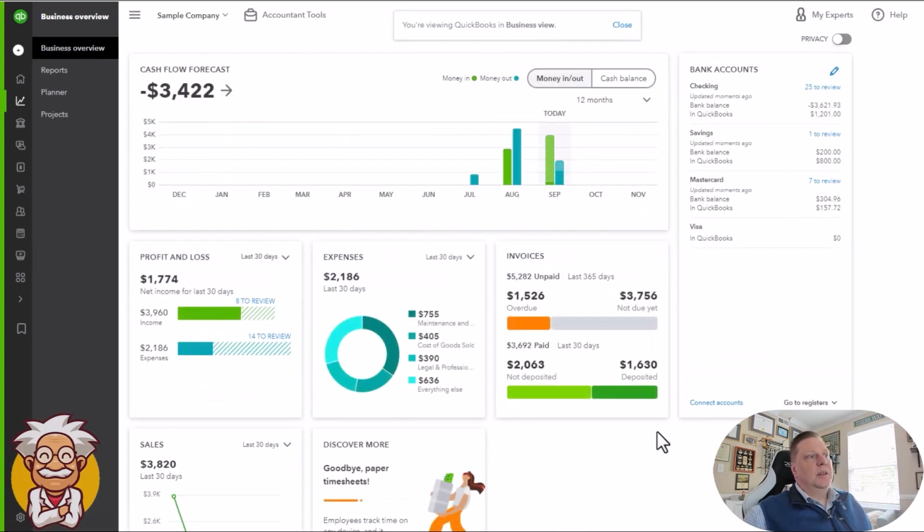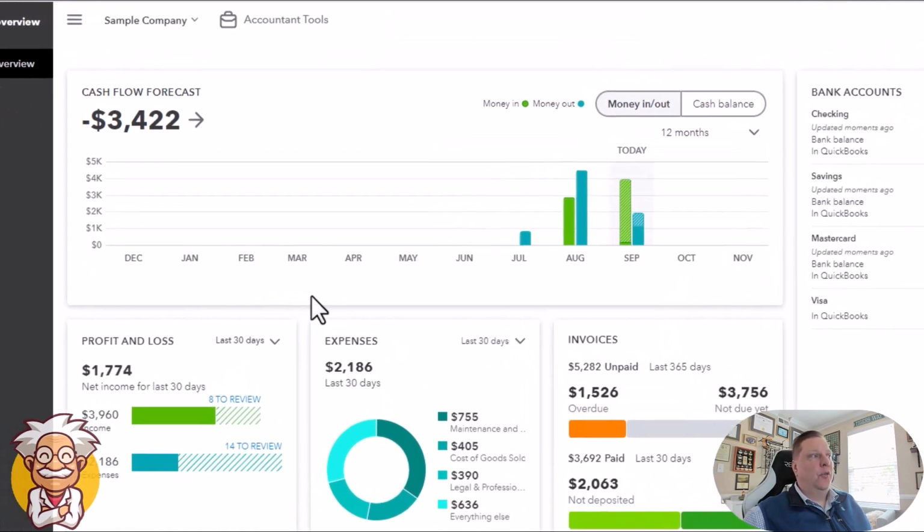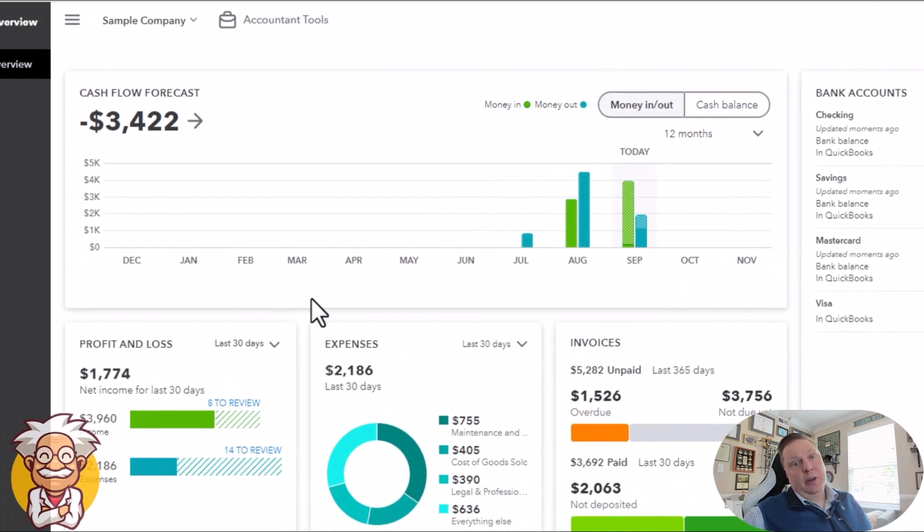And here we are in our business overview. First thing you notice that is showing up is the cash flow forecast. QuickBooks really does know their customers. In small business, cash is king, and cash flow is the lifeblood of the business.